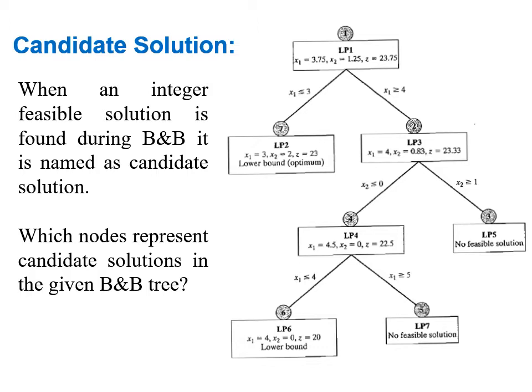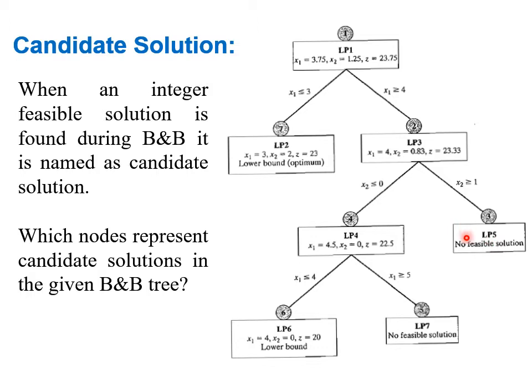Therefore, if we are searching for a candidate solution, you only need to look at the nodes which are fathomed, which are not branched. You don't need to look at the root node because it's branched. You don't need to look at this node too because it's branched. So let's look at the fathomed nodes.